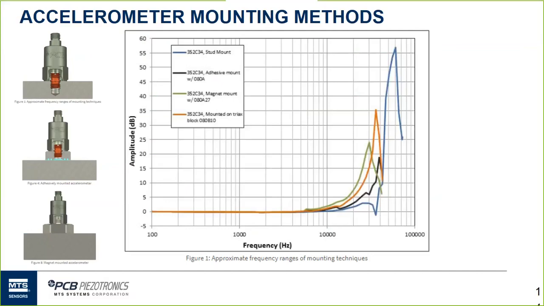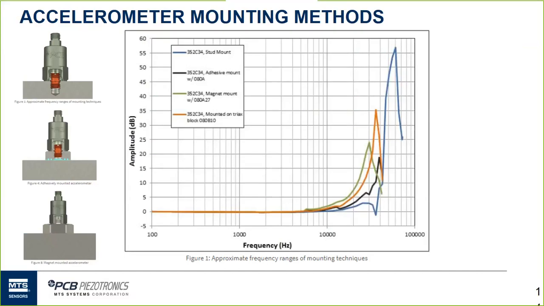Looking at adhesive, that will also cover frequency responses well into the capability of the accelerometer. Most accelerometers' typical response characteristics run between 1 and 10 kilohertz. There are exceptions, of course, on the low and the high frequency side, but certainly adhesive mounting will cover the majority of your frequency response requirements.